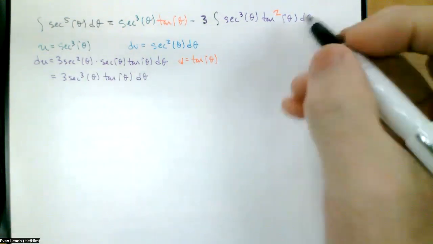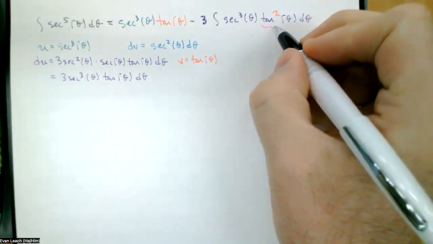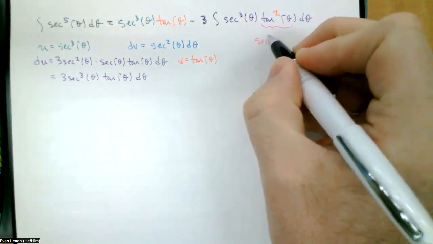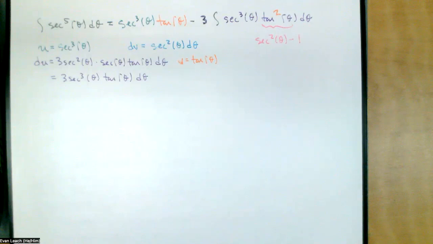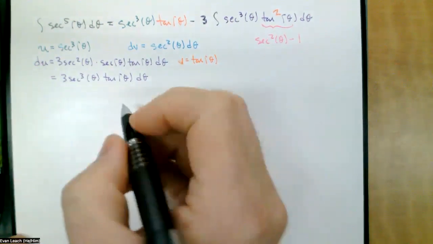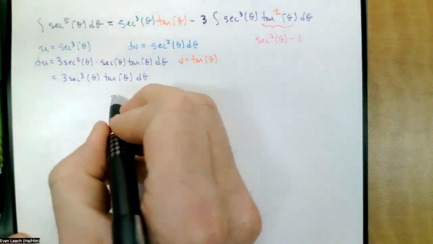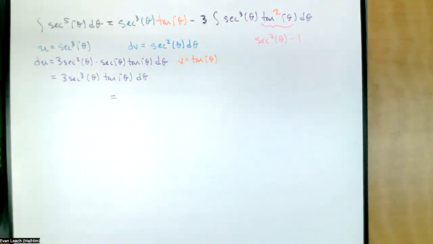We're going to replace tangent squared with secant squared minus 1. And we're going to distribute this. One of the integrals that's going to show up from our secondary will be a secant to the 5th, which is the one that we're looking for. So we'll put it aside.